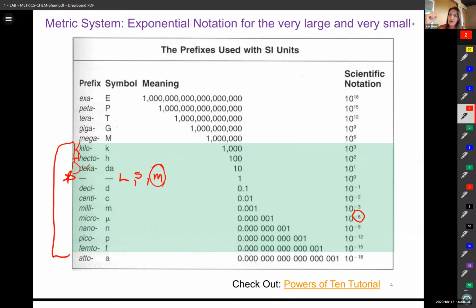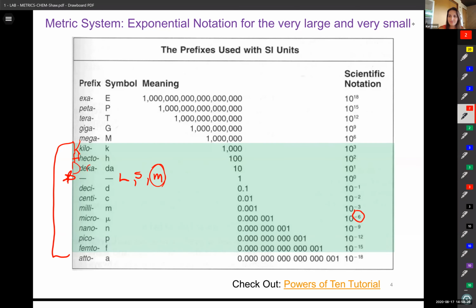Okay, so if a micrometer is 1/1,000,000th of a meter, what nth is a nanometer of a meter? Brilliant. A billion. 1 nanometer is 1/1,000,000,000th of a meter. There are a billion nanometers in 1 meter. Okay.